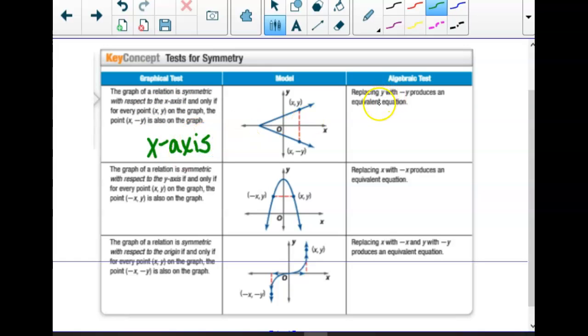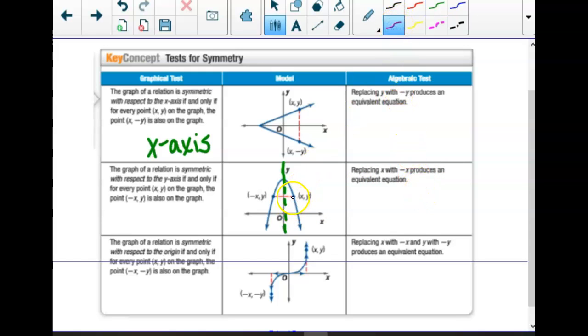And again, the test for that algebraically is you would replace y with the opposite of y, and you'd get an equivalent equation, and I'll show you some of those tests in a minute, but this one is not a function.